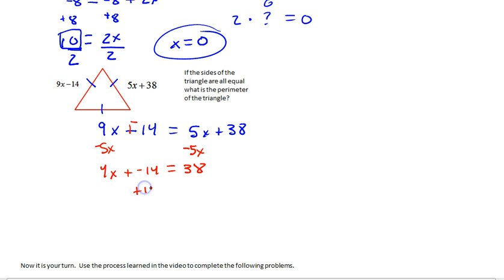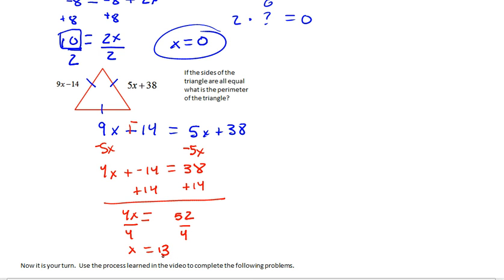I'm going to add 14 to both sides because it was a negative 14. Now I'm left with 4x equals 52. I'm going to divide both sides by 4. And I'm left with x equals 13.